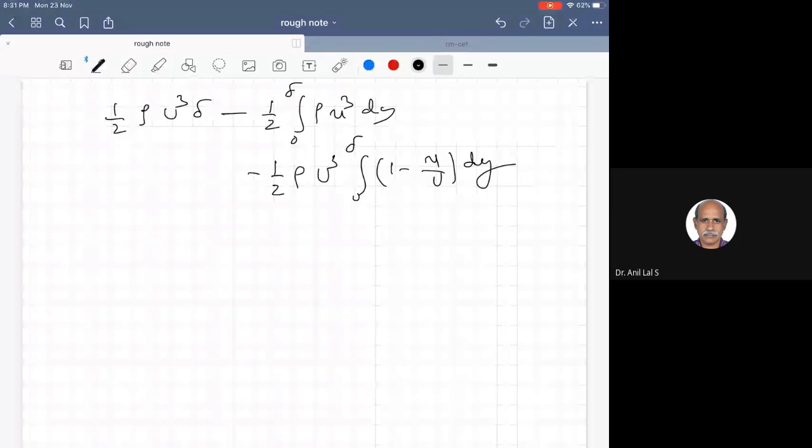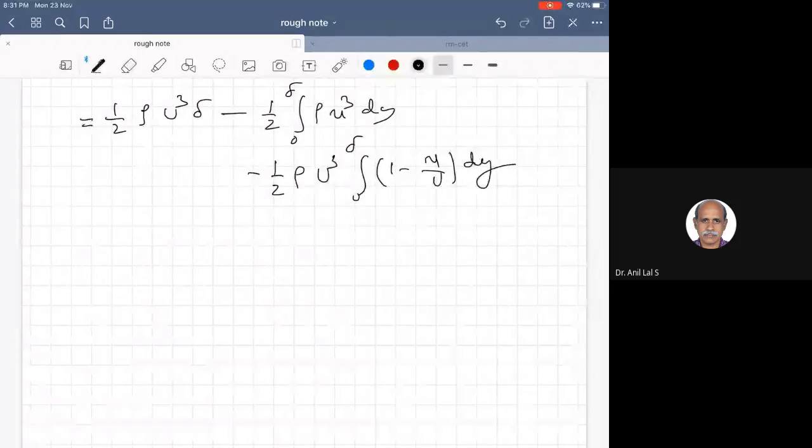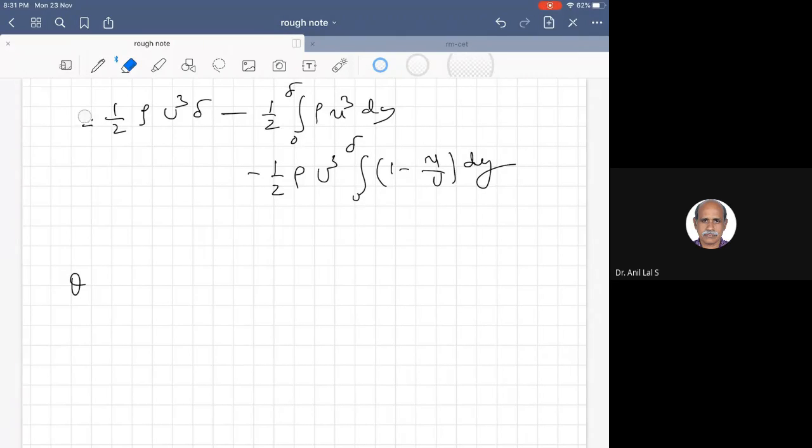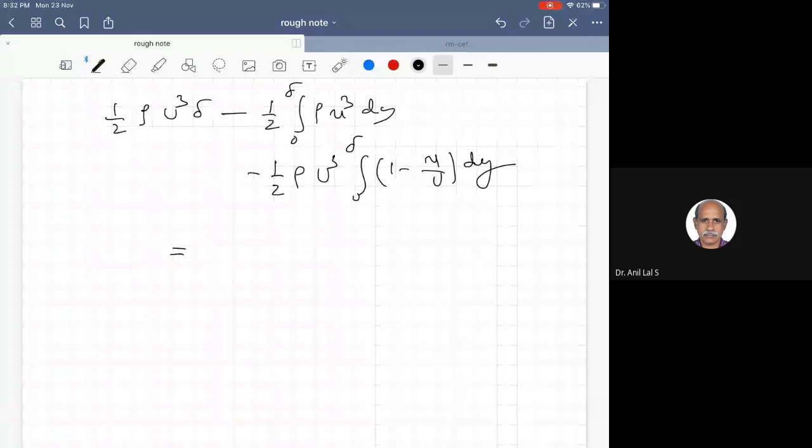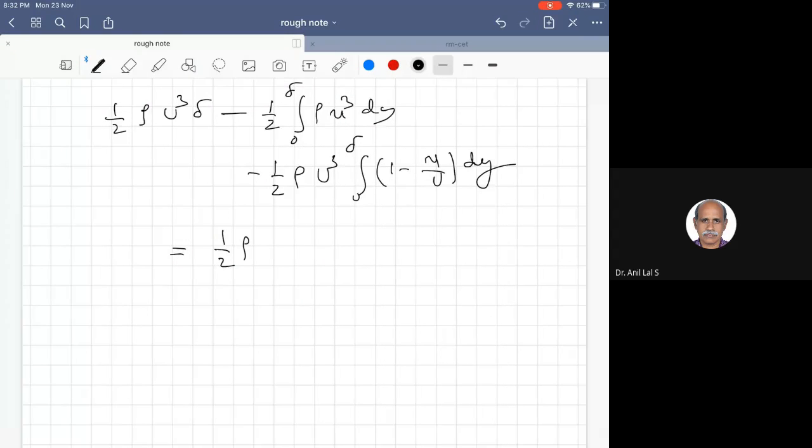And this is equivalent to imagining the shifting of the bottom plate by a distance theta. So the energy thickness is denoted by theta, and we equate the loss of kinetic energy with the shifting of the bottom solid part by a distance theta, for which you get half into rho into U cube, the velocity, and theta.